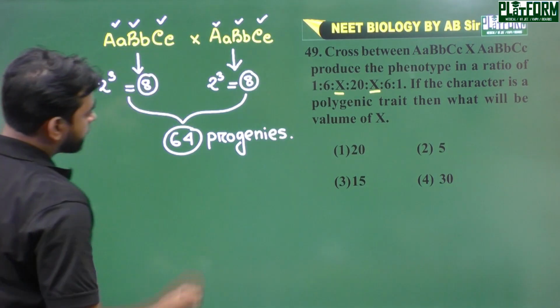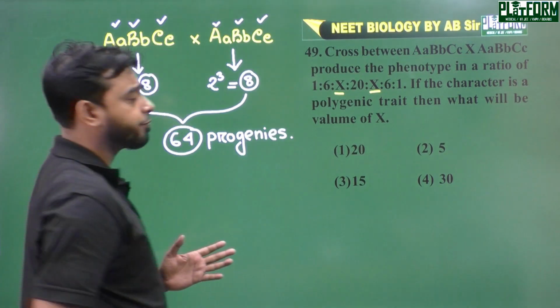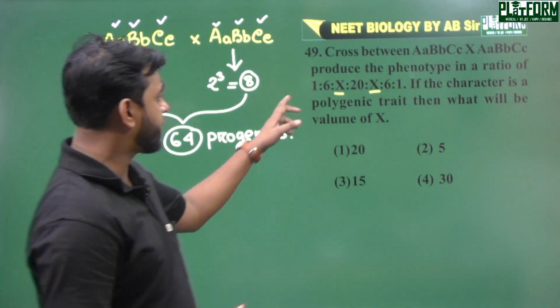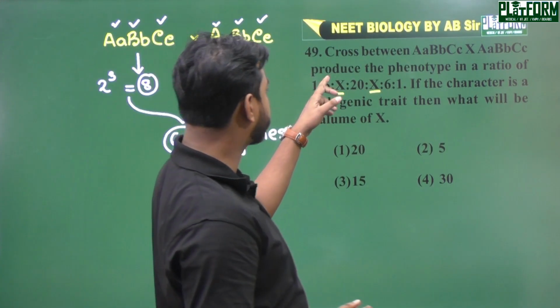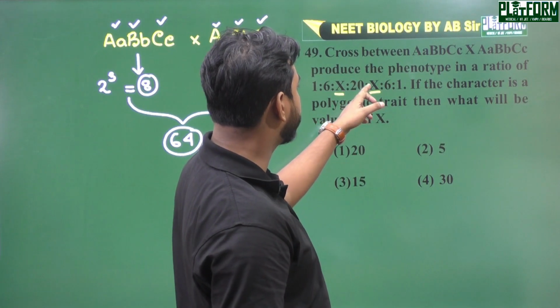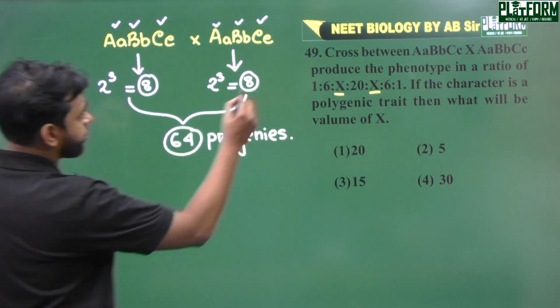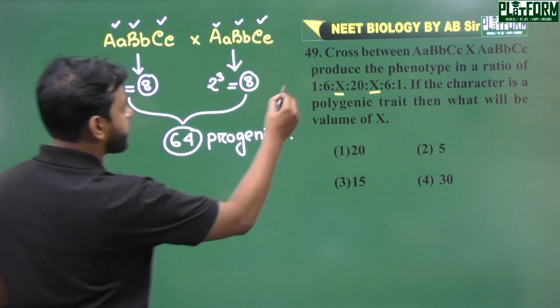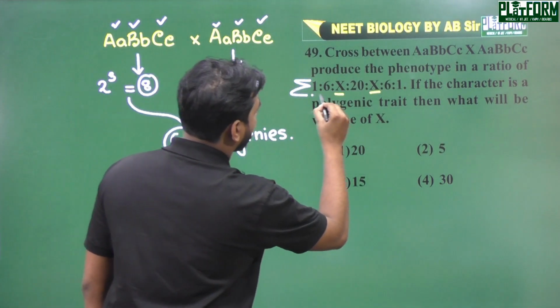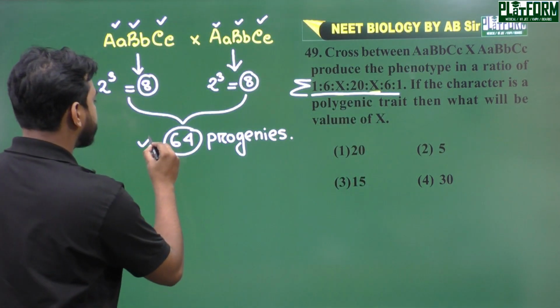Okay, now these 64 types of progenies are segregated in a ratio of 1:6:X:20:X:1. So the summation of the whole ratio is 64.